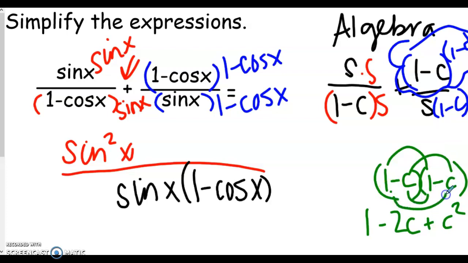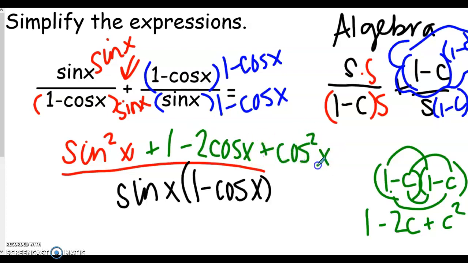Minus 1c, minus 1c. Do not forget the middle. So what that means is over here I get plus 1 minus 2 cosine x plus cosine squared x. Right, that's a lot going on.